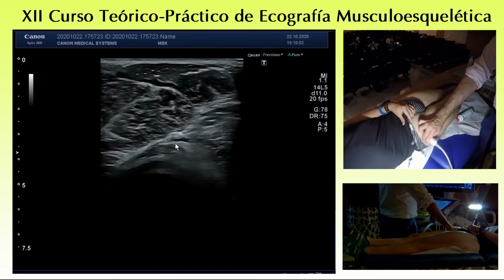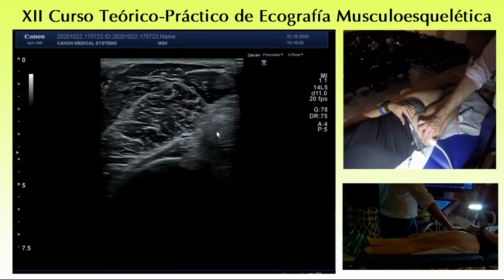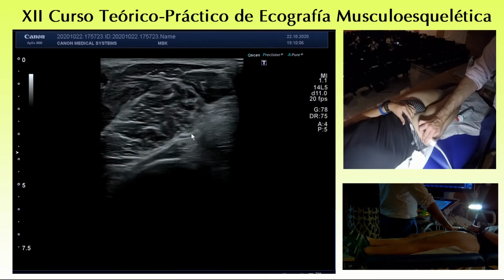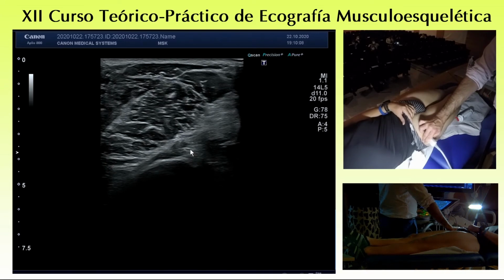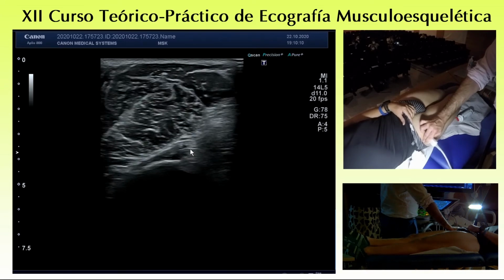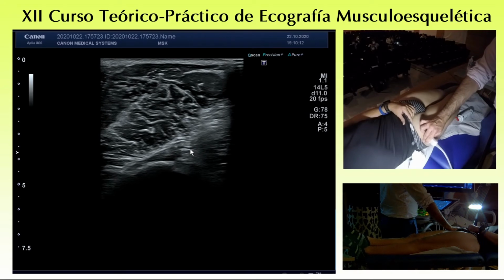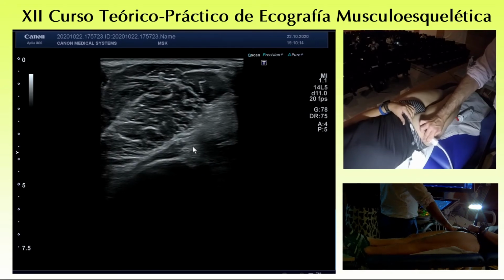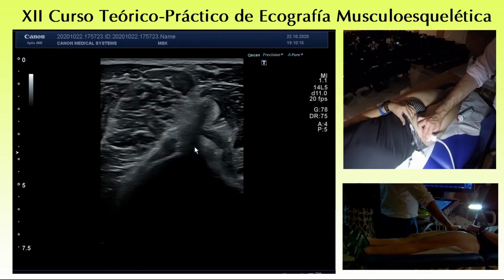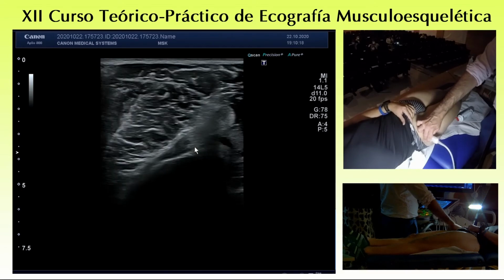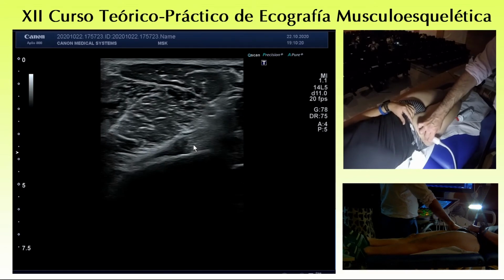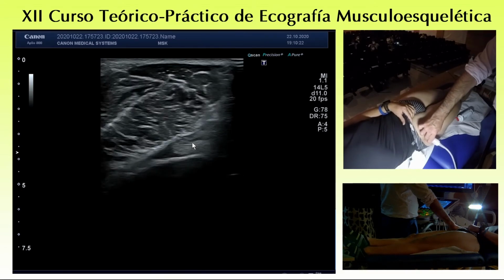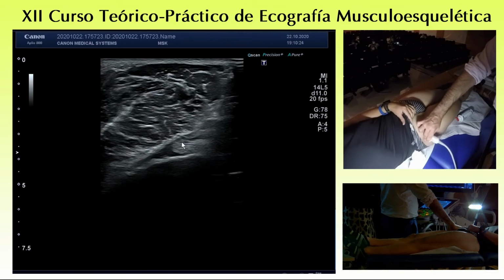So when you have an injury of the indirect tendon of the rectus femoris, sometimes you also have a breach into the capsule, because of the traction exerted by the reflected portion. And this is the tendon here at this point.